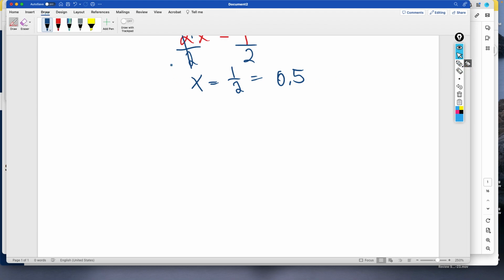You ready for a challenging one? Let's go with this one. What do we do here? Multiply by 2, because we could think of this as a two-step problem. Okay.